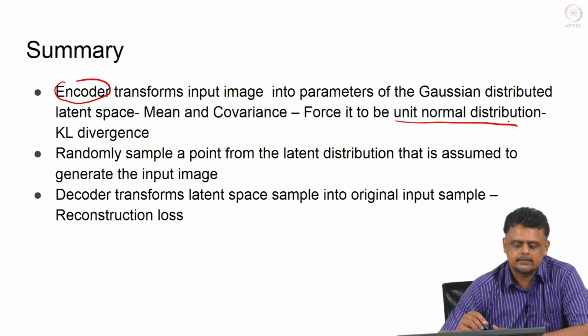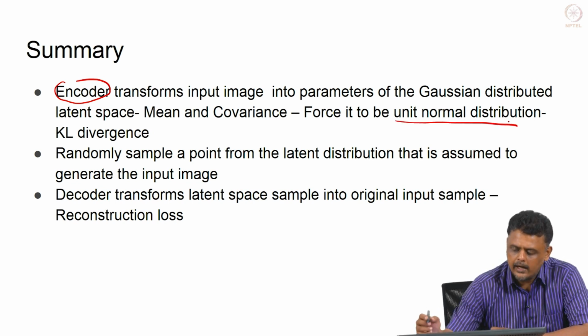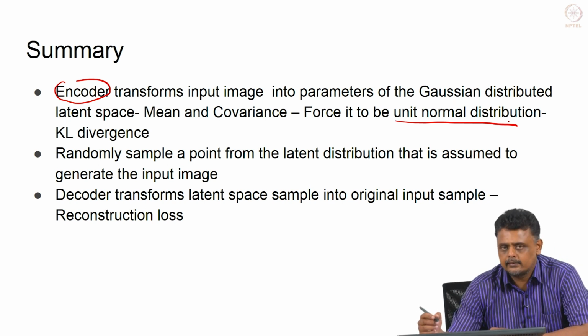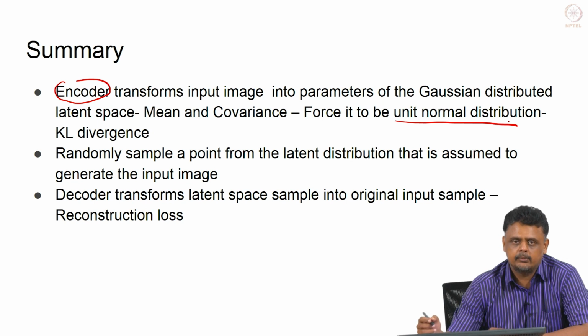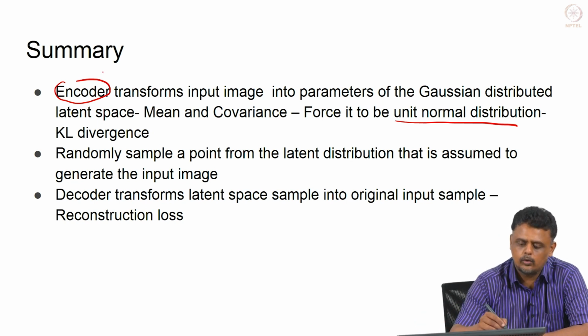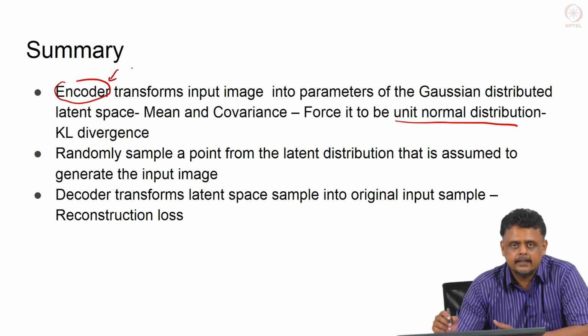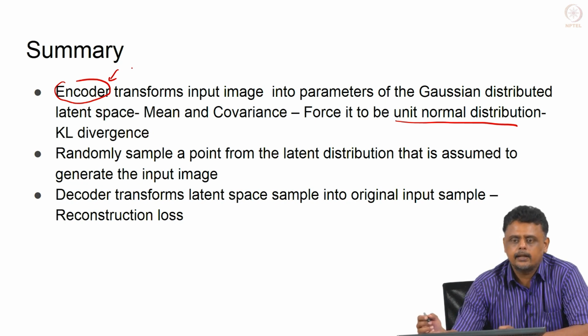So, that is how we regularize the network. Now, we randomly sample from the latent distribution, and we assume that z generates the input image to the encoder. Then we send that z through a decoder, which is again another neural network, a function mapping, which transforms that z into the input image.